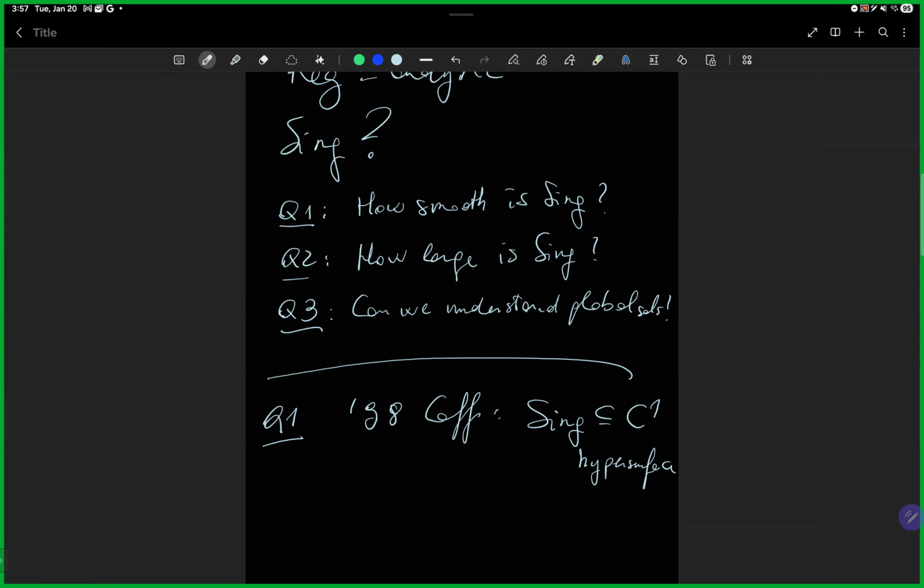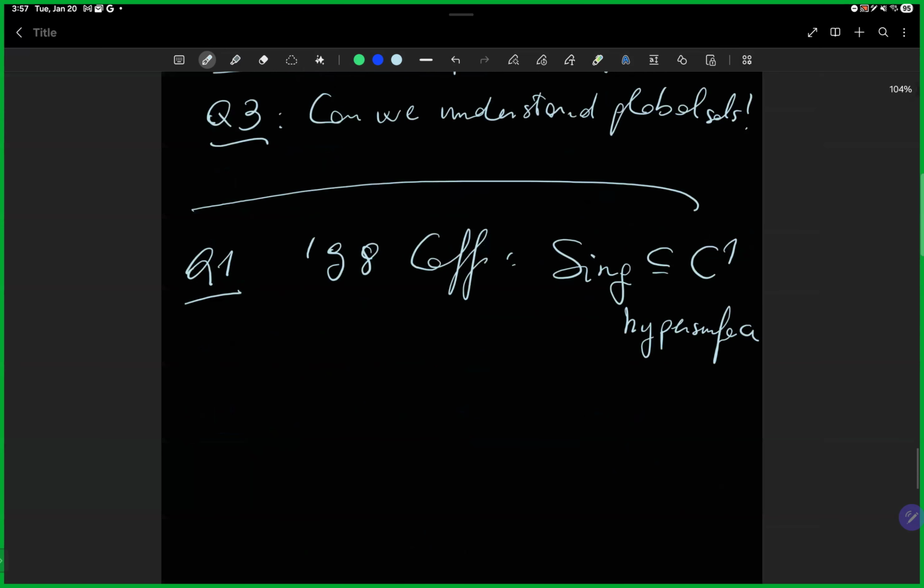So he proved a regularity result for the singular set, in the sense that the singular points are these points where you see cusps, and they cannot be scattered everywhere. There is a regularity in these singular sets because there is a global C^1 hypersurface that covers everything. So the singular points have to kind of organize themselves. So this was the result by Luis.